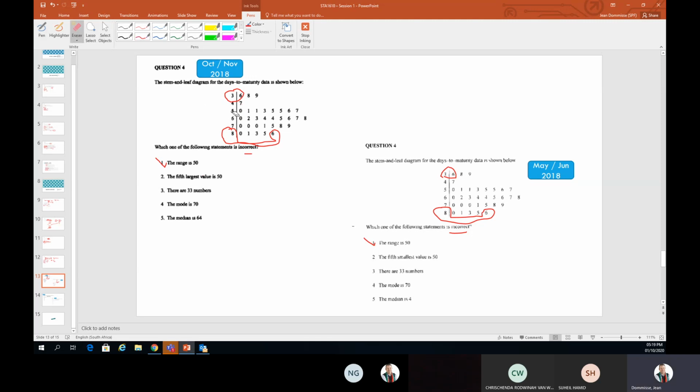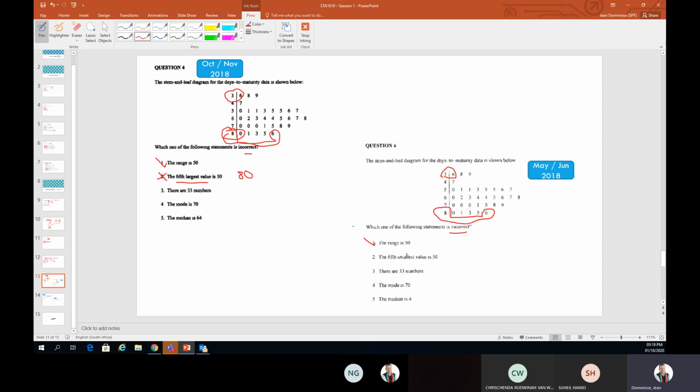But no, they're asking us the fifth largest number. So we need to start at the 86 and move backwards. So 86, so 1, 2, 3, 4, 5. So the fifth largest number is actually 80. Okay, so that one was the incorrect one.